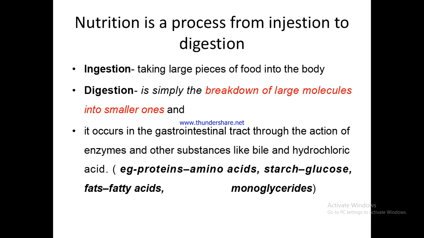Digestion is the breakdown of large molecules into smaller ones, and it occurs in the gastrointestinal tract through the action of enzymes and other substances like bile and HCl, hydrochloric acid.